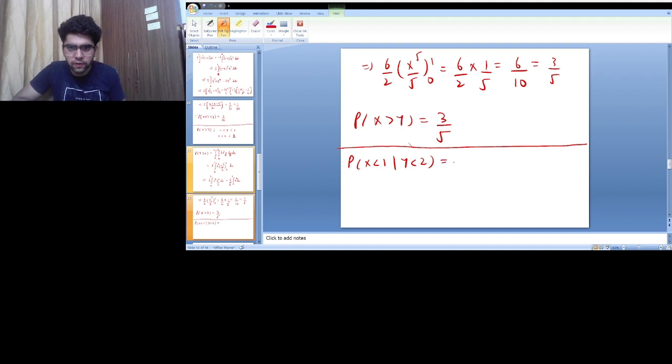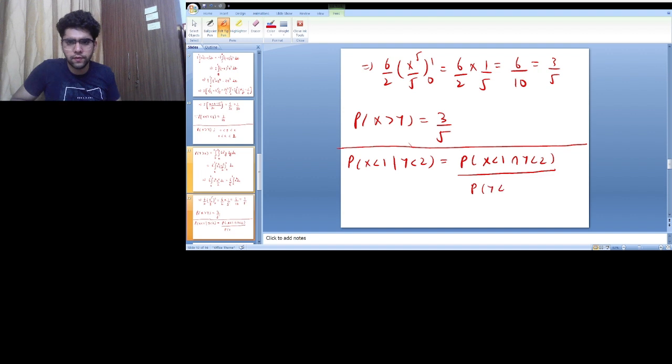So what this says is this is equal to the probability of x less than 1 intersection y less than 2, and this is divided by the probability of y less than 2, right?